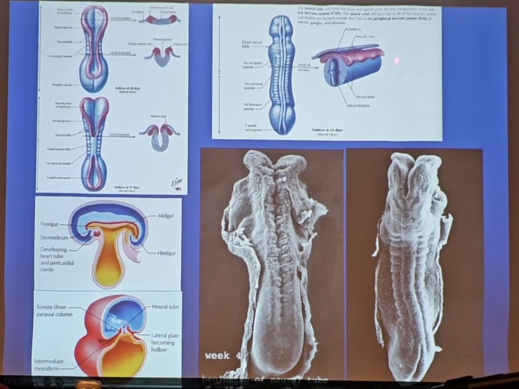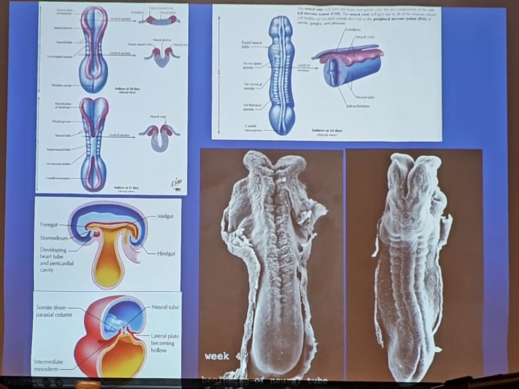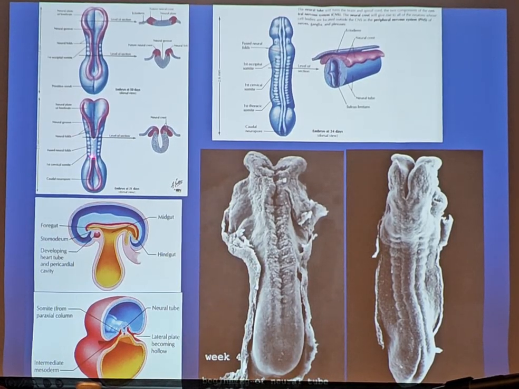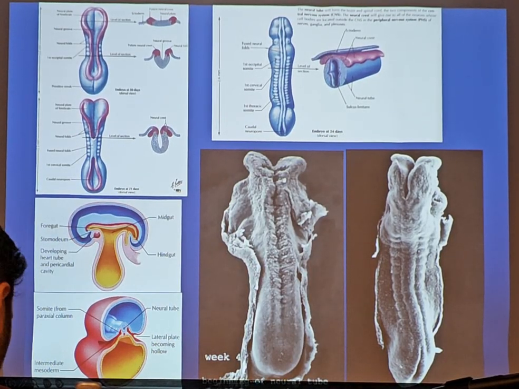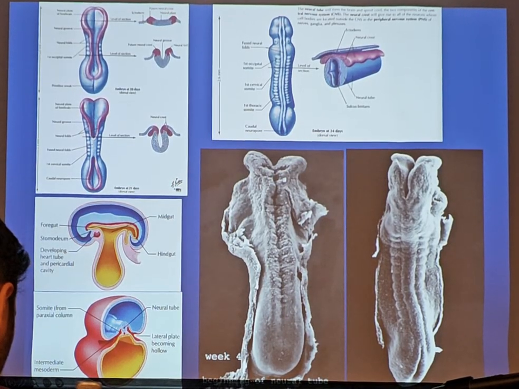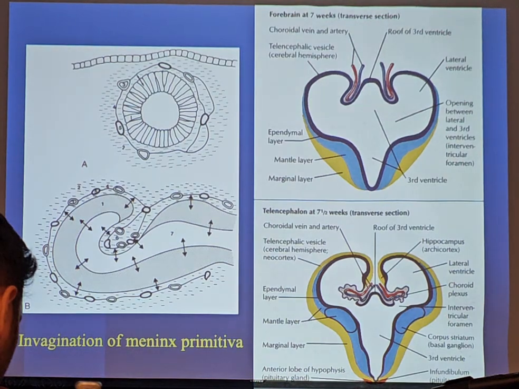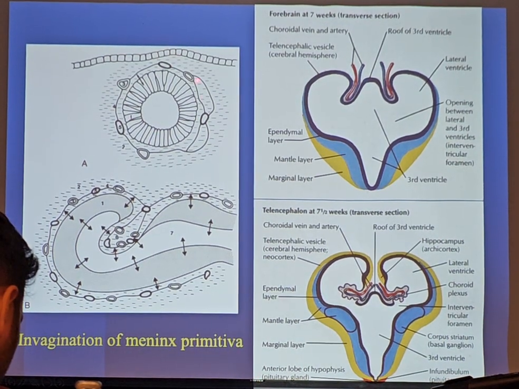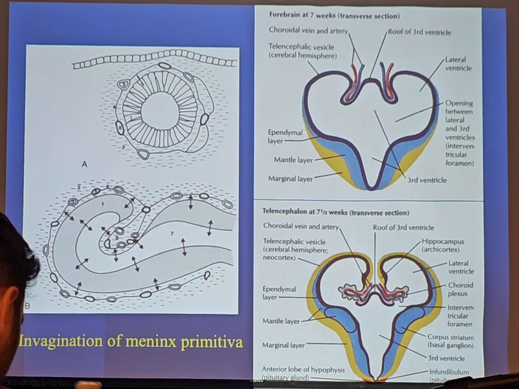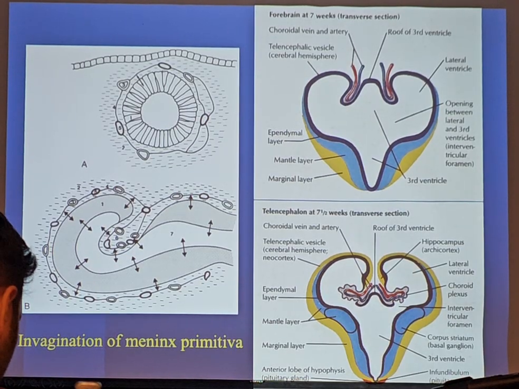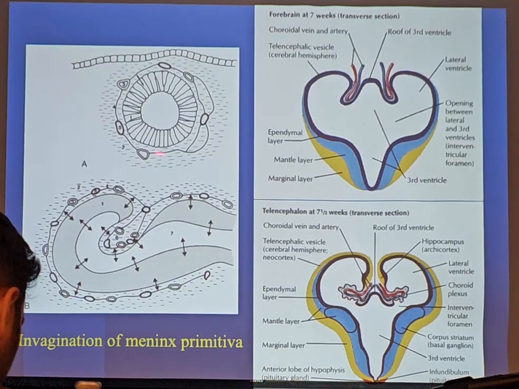This neural tube fuses like a zipper from the center to upper and lower. So this fusing together makes a neural tube, which eventually becomes the central nervous system. Initially the neural tube is covered with what is called meninx primitiva.